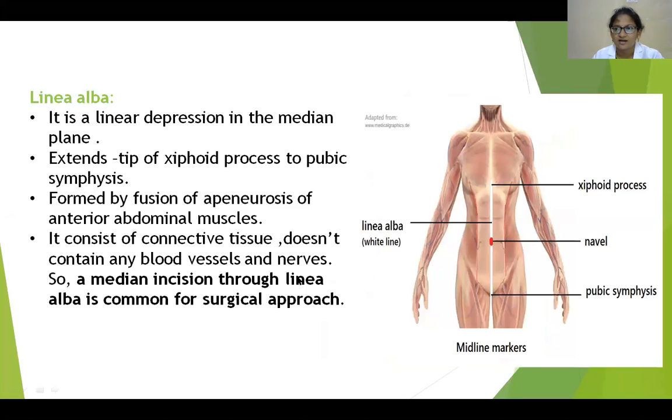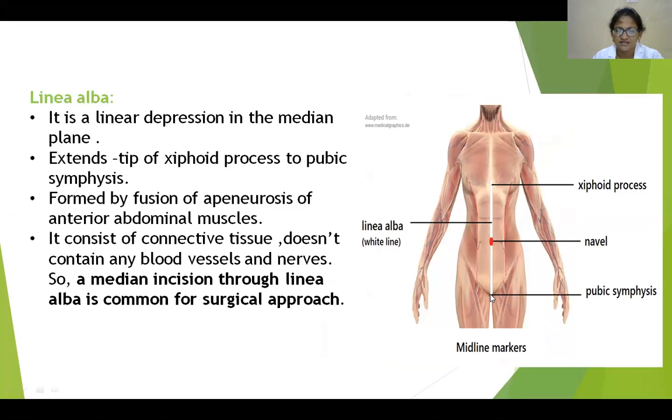Next, coming to the linea alba. Already we had seen it in the previous slides. What is the linea alba? It is a fibrous raphe which extends from the tip of the xiphoid process to the pubic symphysis.